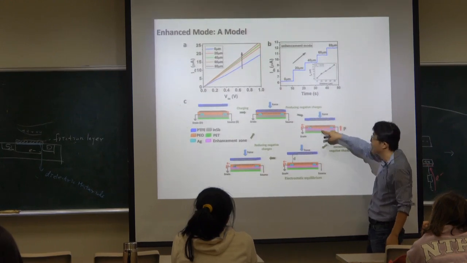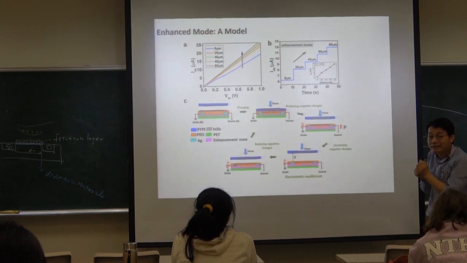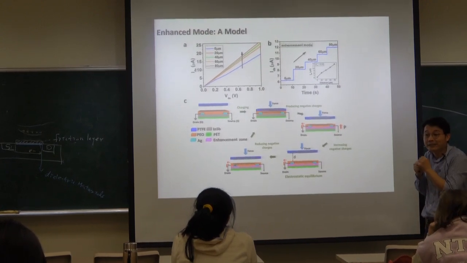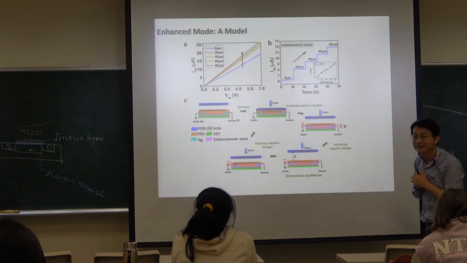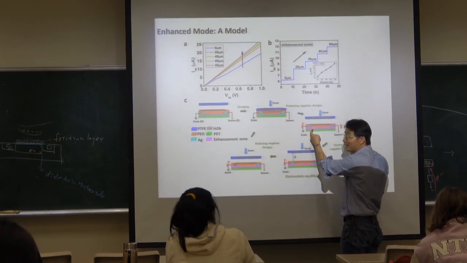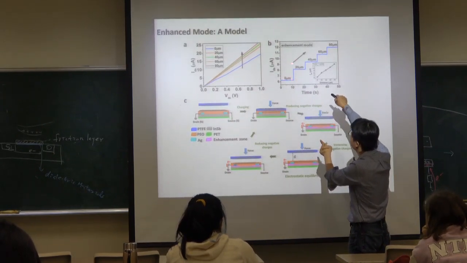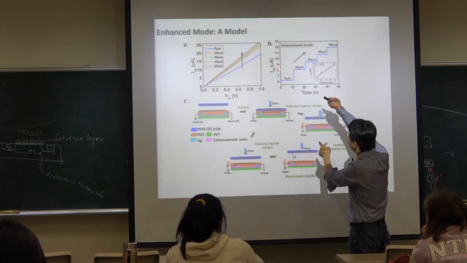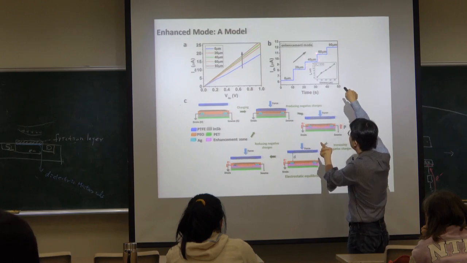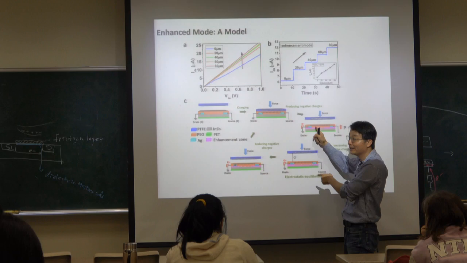This pink color we call the enhanced mode. That means the carrier inside the InSb is enhanced, because the electron flows in. That's why you get the IDS increasing as you increase the distance.